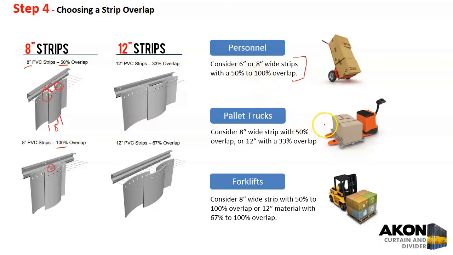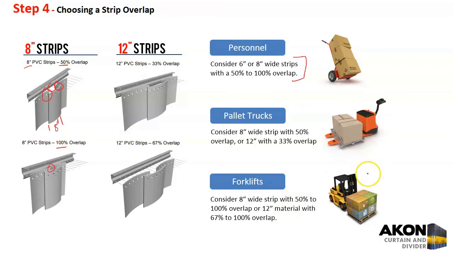If you have pallet trucks, light motorized traffic, an 8-inch wide strip with a 50% overlap, or a 12-inch with a 33% overlap. And if you have forklifts coming and going, an 8-inch wide with a 50 or 100% overlap, or a 12 with a 67 to 100% overlap. And those are going to be obviously the beefier strips.